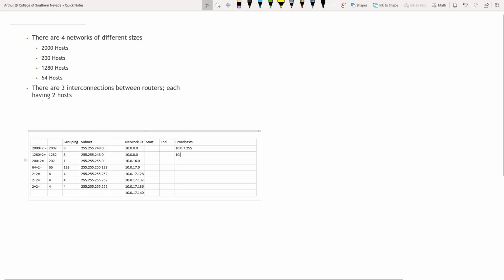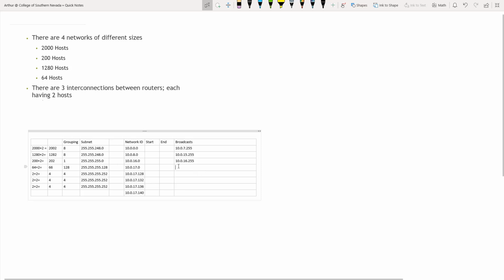For the second broadcast, we look at the third ID and we subtract 1. For the third broadcast, we look at the fourth ID and we subtract 1. Again, we're subtracting 1 from the far right, but because we cannot subtract 1 from 0, we're having to work in the third octet.